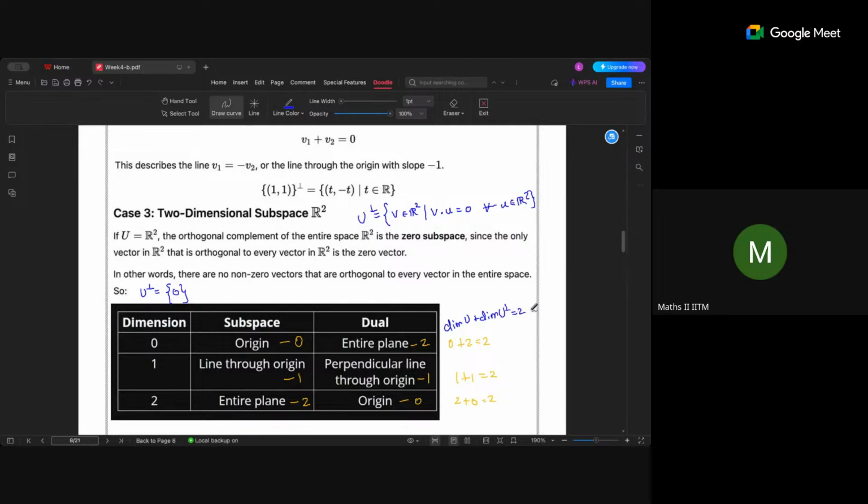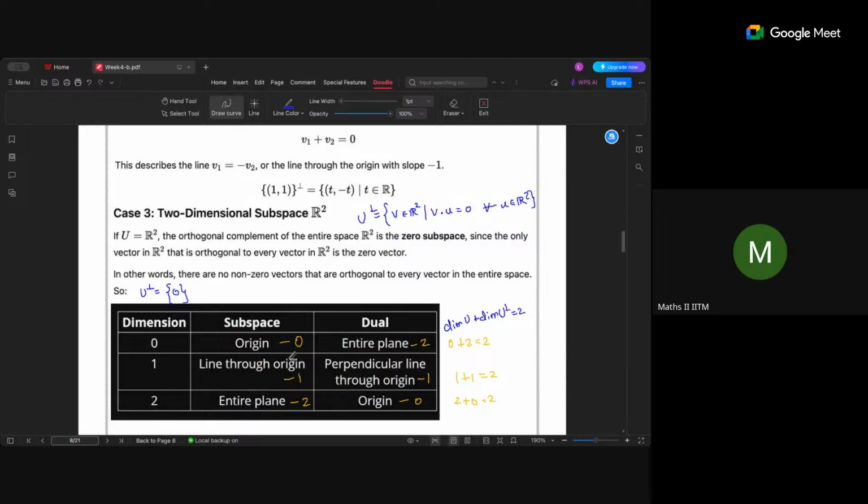One more thing: let's say your U is the origin. Then we know that the dual is the entire plane. Now what is the dual of the dual? You are getting back the same. The same you can observe with the entire plane: the dual is origin, and then origin's dual is the entire plane.